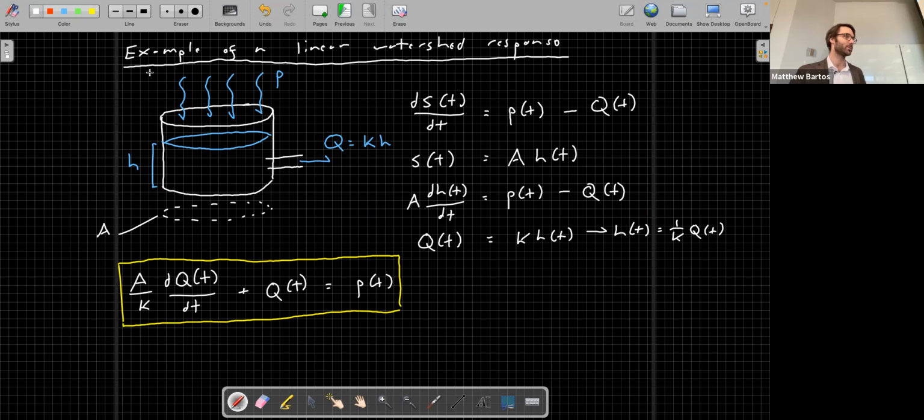Essentially, if you start with some initial water level in the tank, the water level will decrease exponentially over time. So the outflow is proportional to the depth of water in the tank. And when we're thinking about watersheds as a linear reservoir, this is essentially what you can think of. And you can show that this is linear.